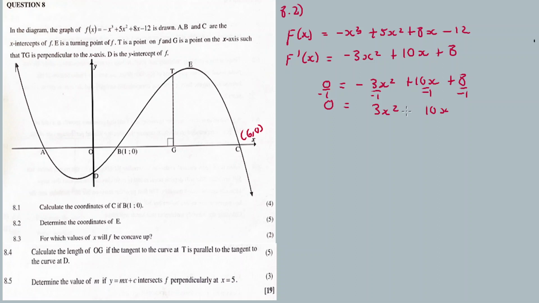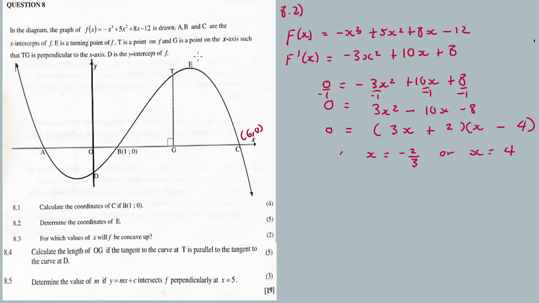A positive divided by a negative is a negative, then minus 8, then it's those factors, 3 and x, then 4, that is 12, okay, 12, then the difference is 2, so minus and plus. Therefore x will be equal to negative 2 over 3 or x will be equal to 4.